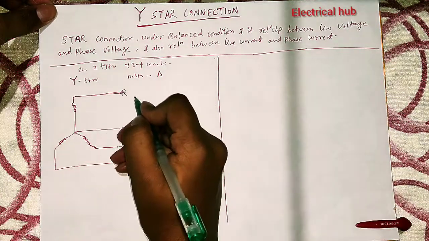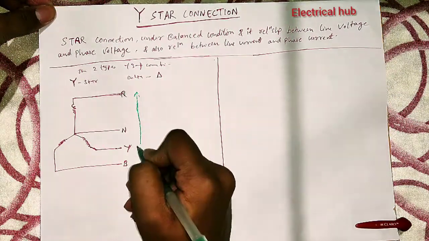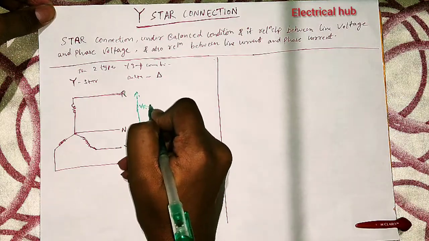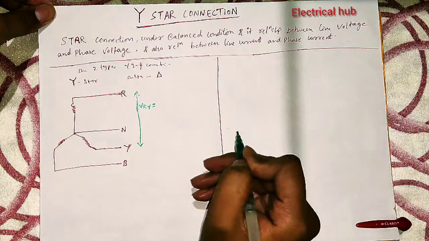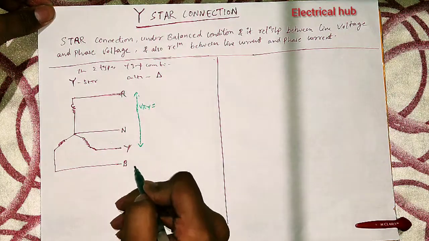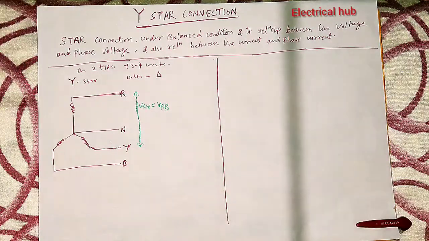So we can write this as VRY, and the voltage between R and B is VRB.